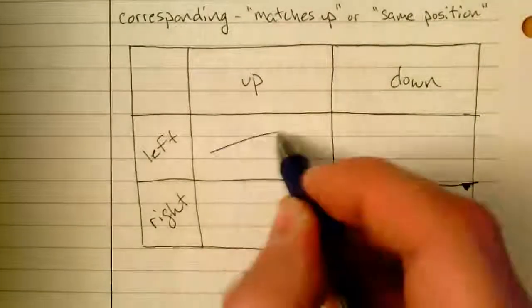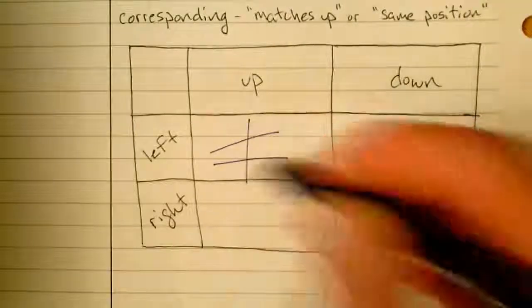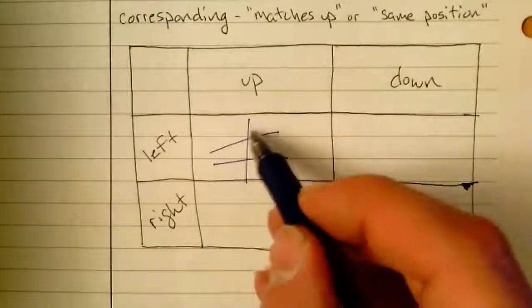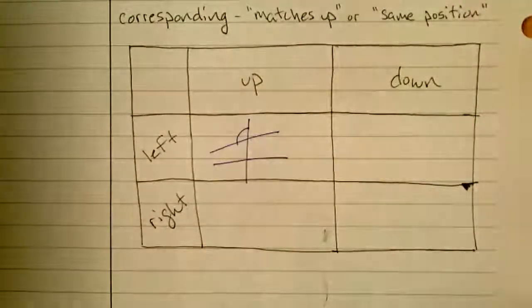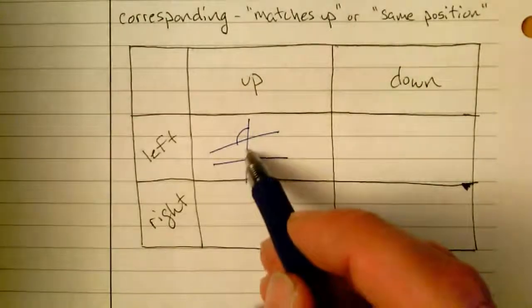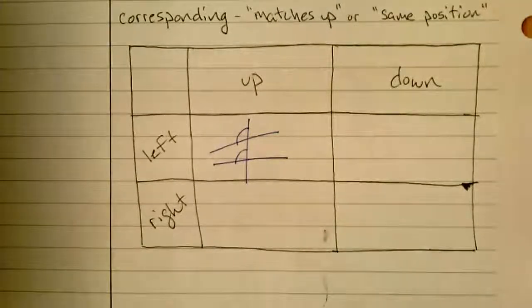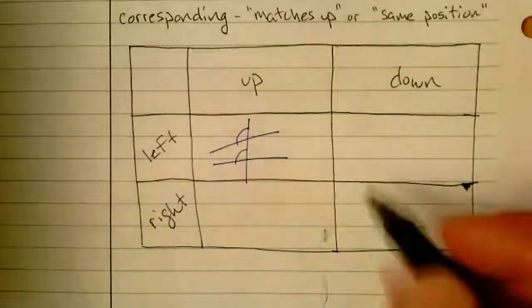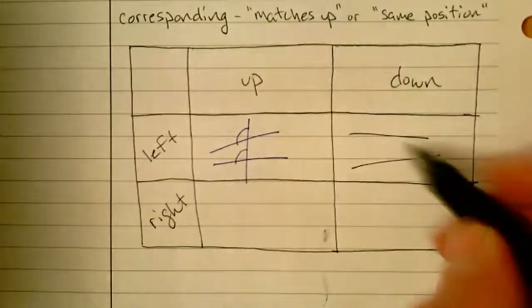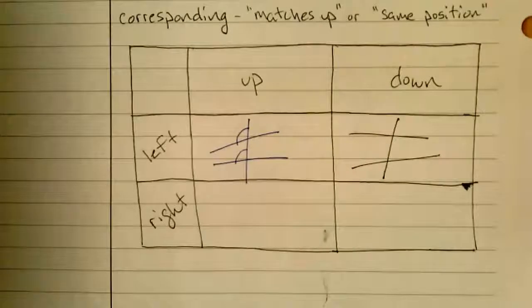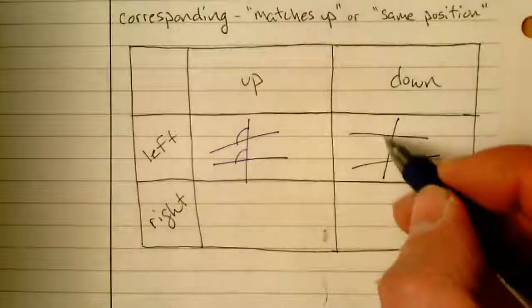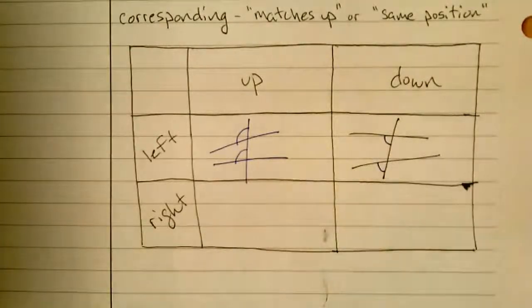So I got my up and to the left, that's right there. And up and to the left down here is right there. Corresponding angles. So you could go down and to the left, down and to the left, down and to the left. Corresponding angles.